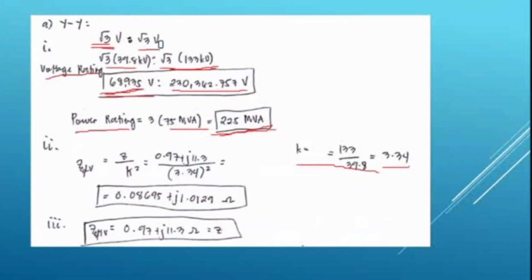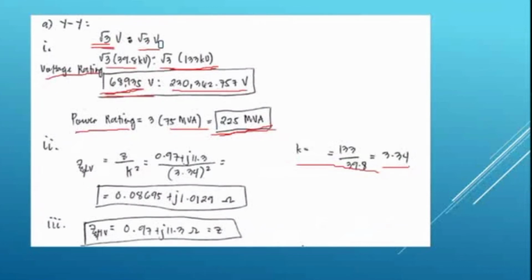So the equivalent impedance referred to the low voltage terminals, with 39.8 kilovolts, is given by this formula.